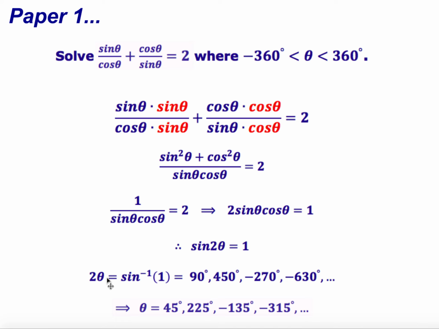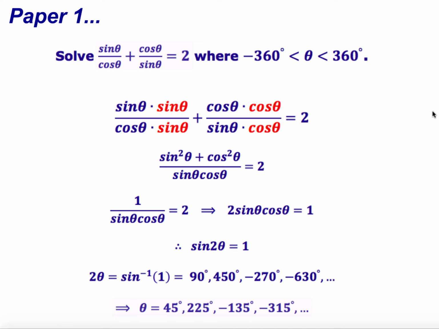However, the angle in this case is twice theta, and so if twice theta is equal to each of these values you see here, then theta itself would be half of those. So you have to run the field here, so to speak, getting the correct number of angles established, so that you've got all of the angles possible within the interval that's requested.